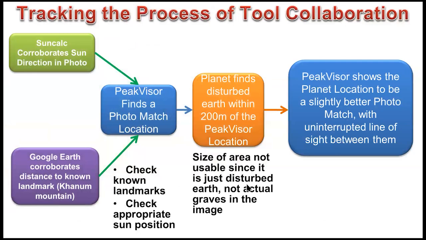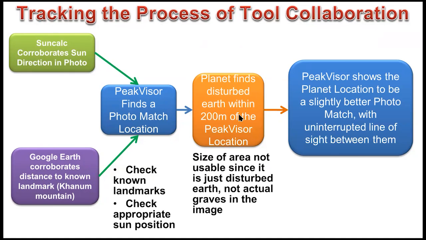So think about the process we've just gone through. It wasn't PeakVisor on its own for a moment. It was Google Earth to start with. It nearly always will be. Then we cut down the search space with Suncalc. Then we did some searching with PeakVisor. Then we found a photo match. Then we went to satellite imagery and found something slightly better that we'd never have found without the PeakVisor fit in the first place.